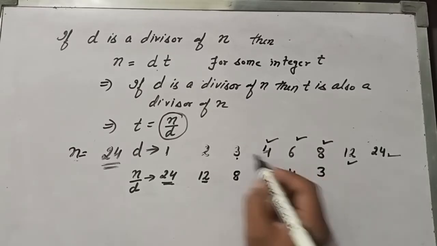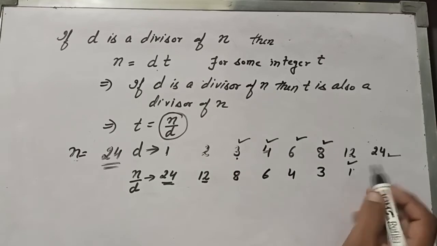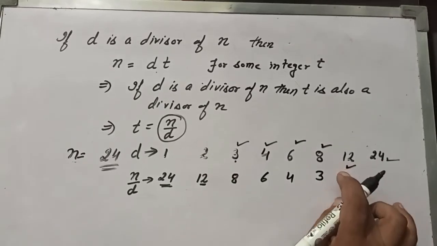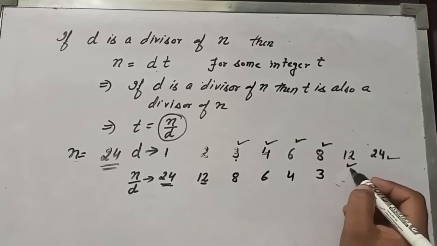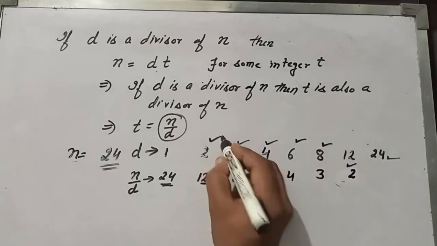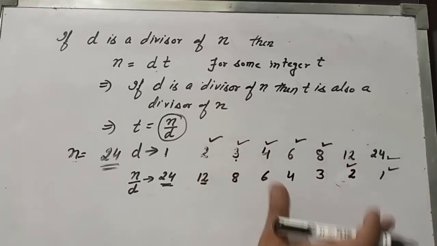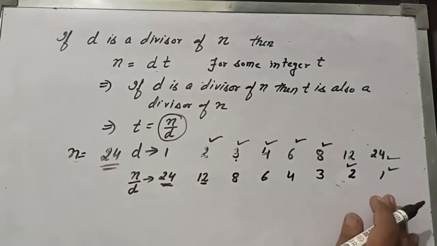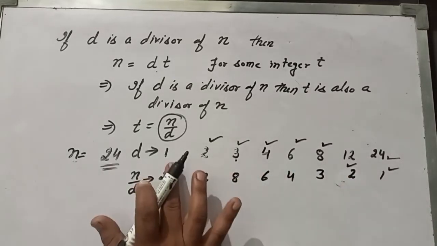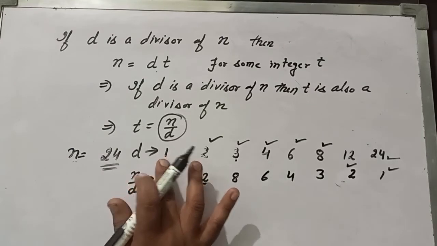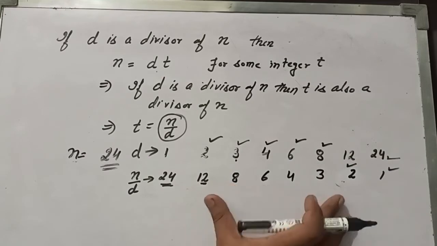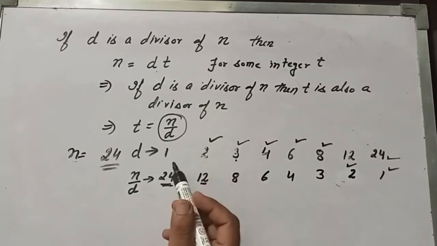Similarly, 3 is a divisor, and similarly 2 is a divisor and 1 is a divisor. Okay. So it means if d is a divisor, then n by d is also a divisor. And this is just the reverse arrangement of all these divisors, because 1, 2, 3, 4, 6, 8, 12, and 24 become 24, 12, 8 and so on. This is a reverse order.